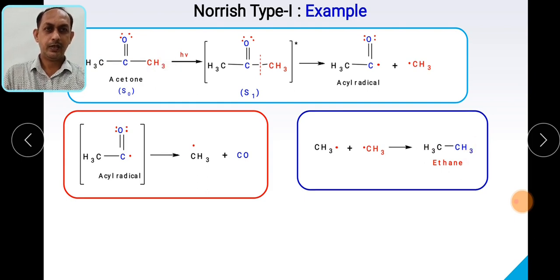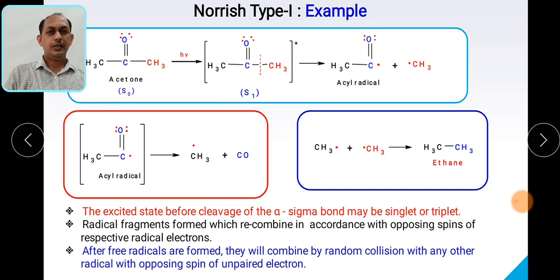The color has changed, but don't worry, it is ethane. So we can say these CH3 groups coupled and formed the neutral molecule ethane. This is a very simple type of cleavage, but although it is simple, it is selective. There occurs a very selective cleavage at higher temperature.